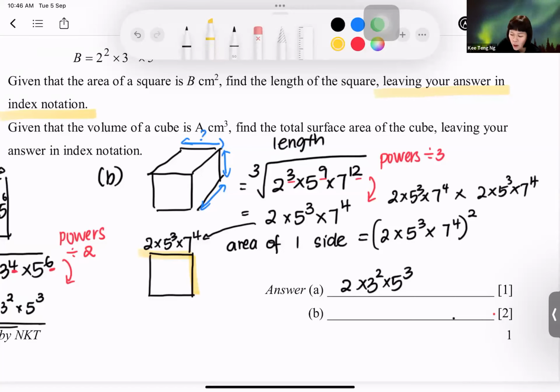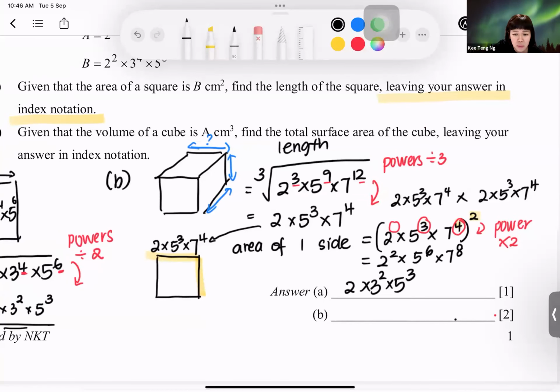When we square, we multiply all our powers by 2. It becomes 2 squared, 5 to the power 6, 7 to the power 8.